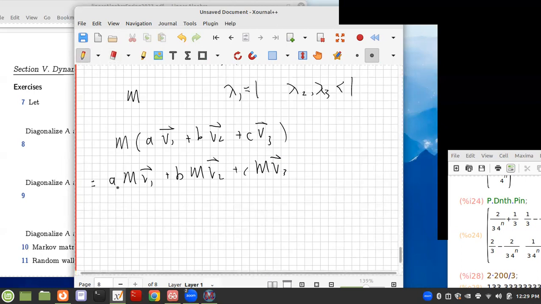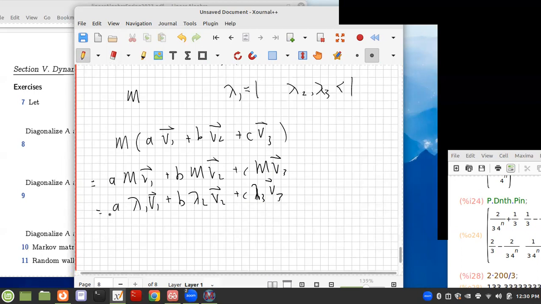Now then, since these are eigenvectors, this is going to equal A times lambda 1 V1 plus B times lambda 2 V2 plus C times lambda 3 V3. Okay.